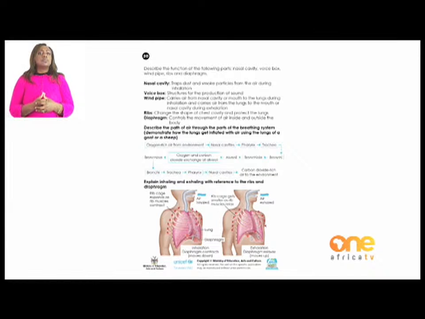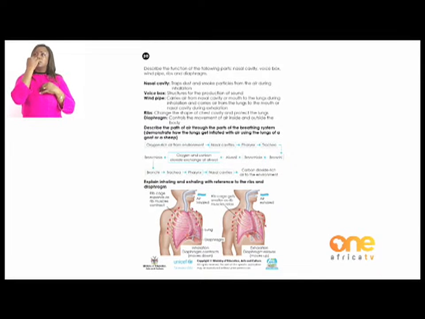We are saying that the air is outside in our environment. That's the air that we need to breathe in, having enough oxygen that we need in our bodies. That oxygen-rich air from the environment enters our bodies through the nose, okay? And then it goes through the nasal cavity.